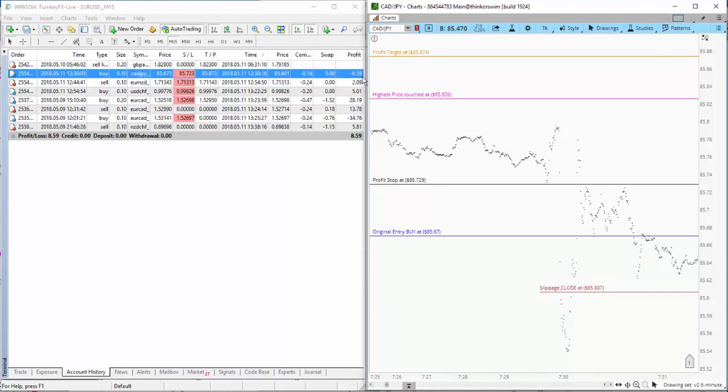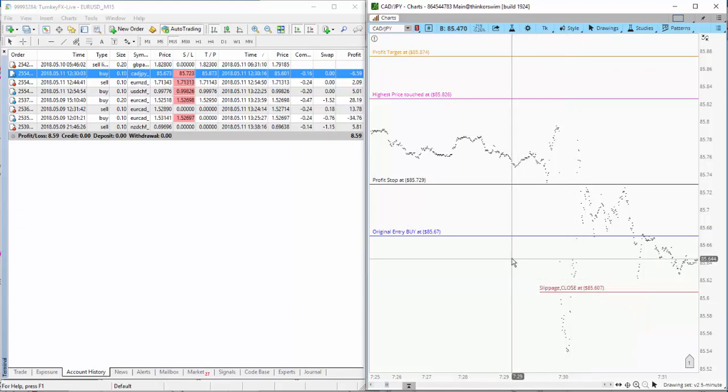And $6.59 of slippage, which was really about $12 of slippage, 12 pips of slippage, because it was not supposed to close here for break even. It was supposed to close up here for about a $5 profit. But instead of closing for a $5 profit, it closed here for about a $7 loss.